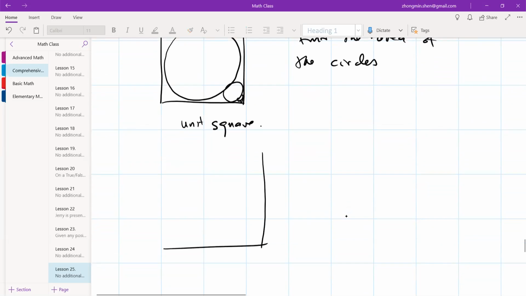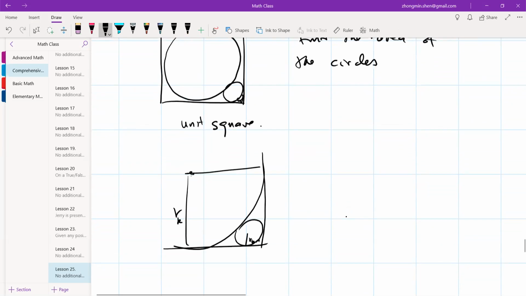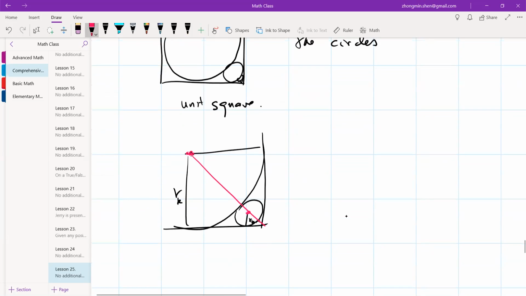Let's zoom in. I find out this is a square. Then there's another one, right? If this is R_k, this will be R_{k+1}. Okay, I want to find a relationship between these two radii.